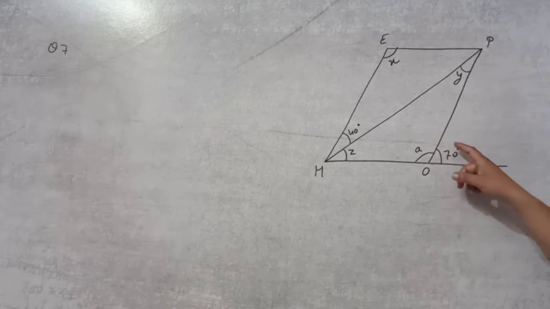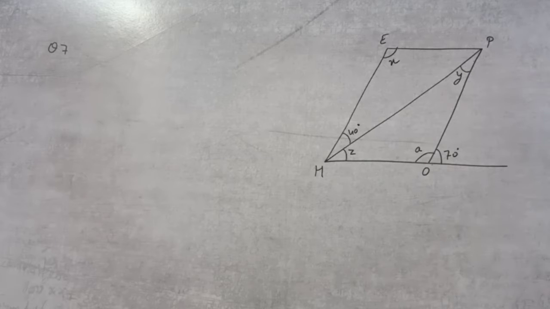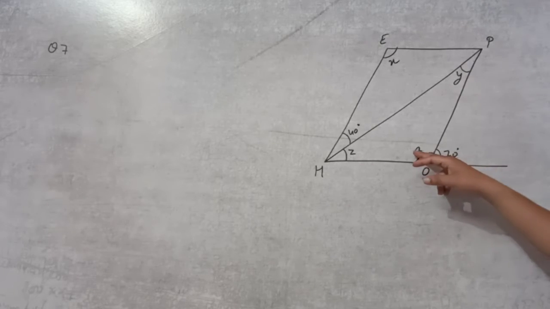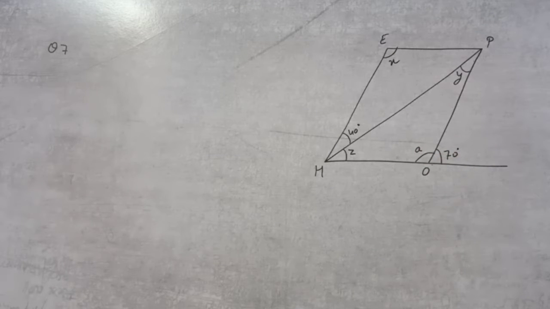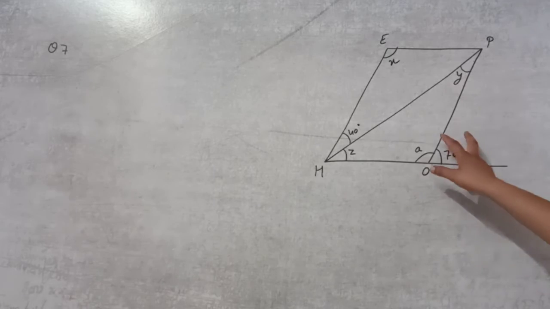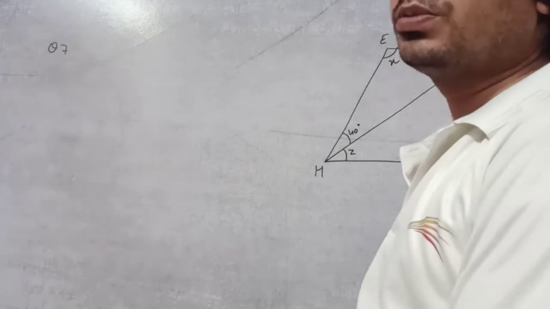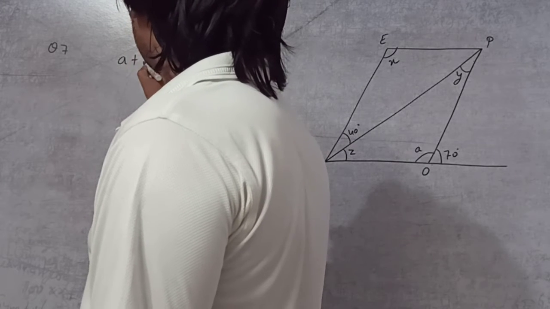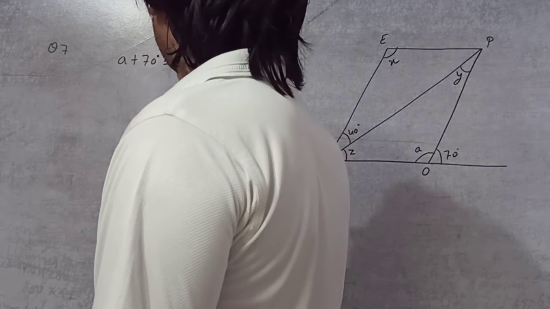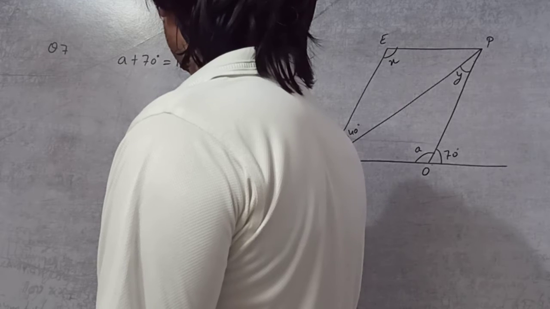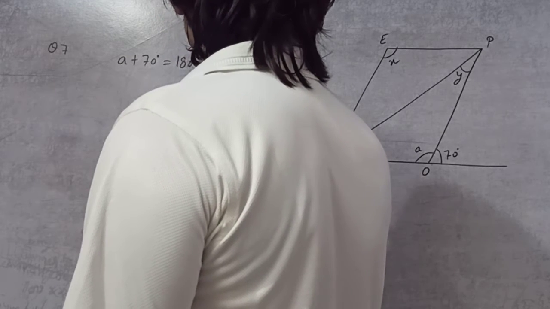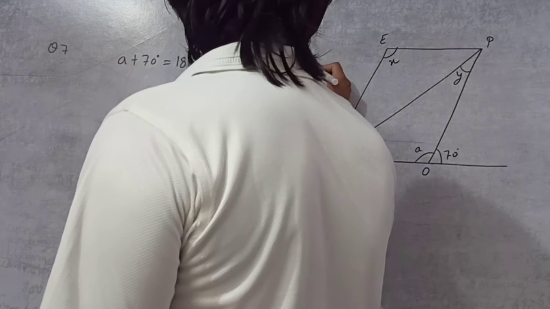So the sum of these two angles is how much? 180 degrees, because we have learned that if it is a straight line, the adjacent angle sum is 180 degrees, by the linear pair angle. So first we are going to find the A. A plus 70 degrees equals 180 degrees.